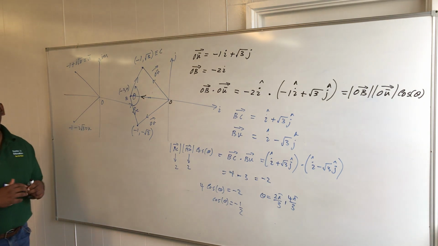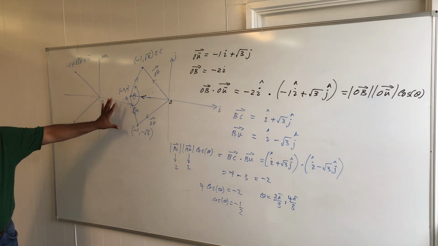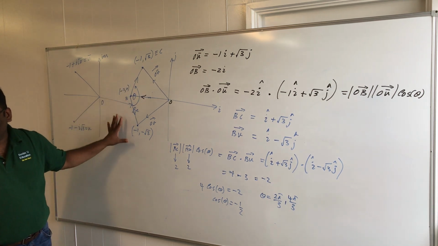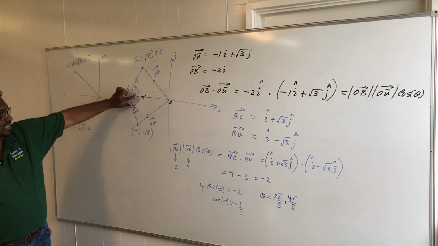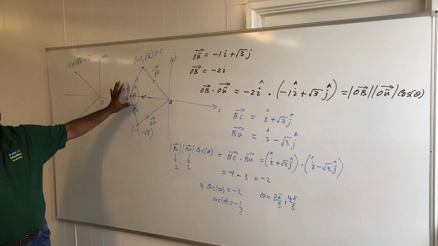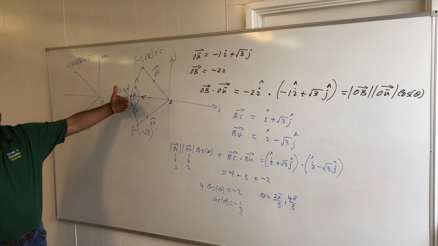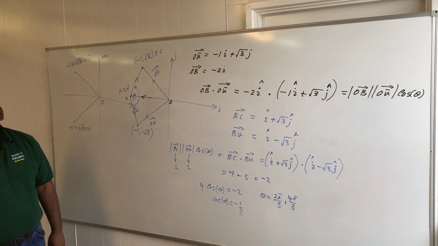But look at the diagram. You can't say this angle is 2 pi plus something, because this is a finite angle which is less than 360 degrees, because of the diagram. It's less than 2 pi as well.